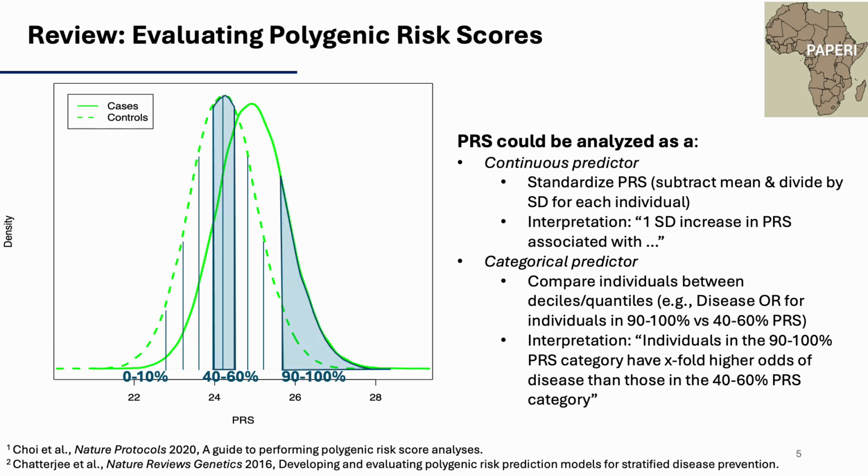We can then compare the number of cases and controls in the top PRS decile versus the median 40 to 60% category and calculate odds of disease. We would then interpret it as individuals in the highest 90 to 100% PRS category have X-fold higher odds of disease than those in the median 40 to 60% PRS category.